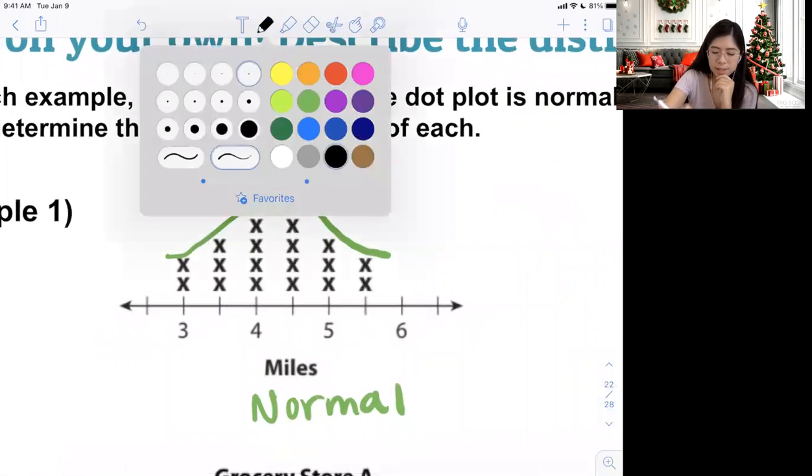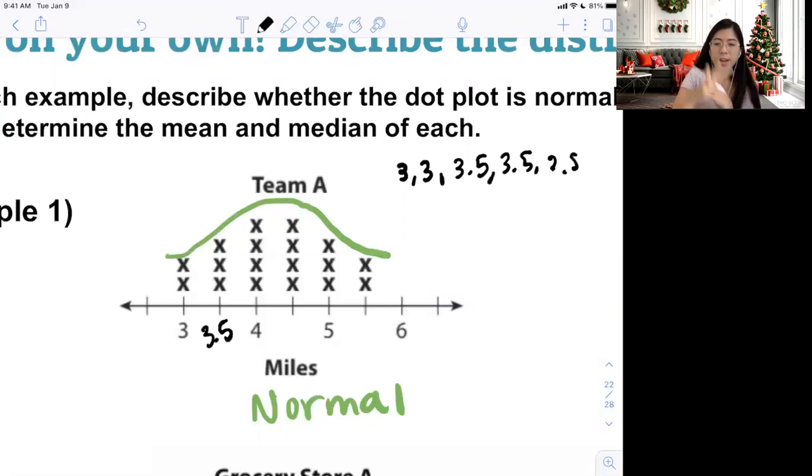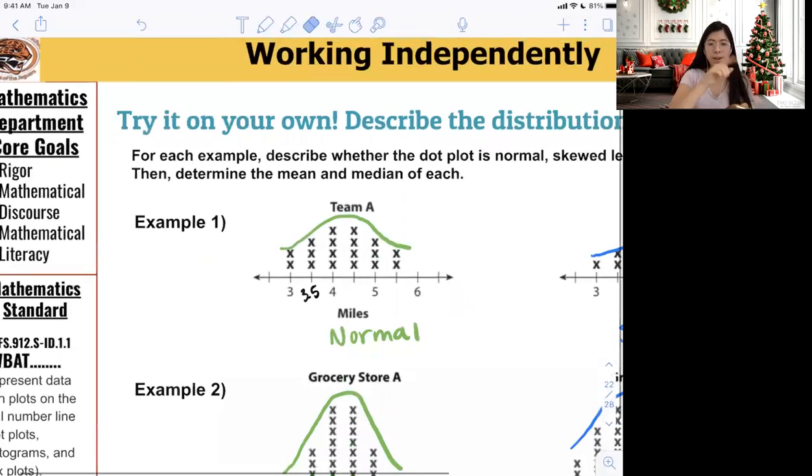If I were to list all these out, I would just go in order. I have 2 3s. That looks like 3.5, right? 3.5, 3.5, 3.5. I could keep going, but I can also just plug that directly into my calculator. If you're calculating the mean, remember, we're going to add all of those values up and then divide by the total number of values.